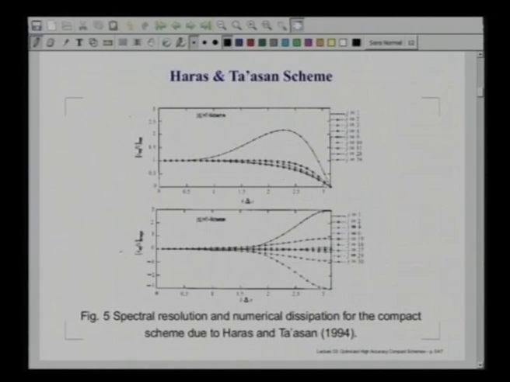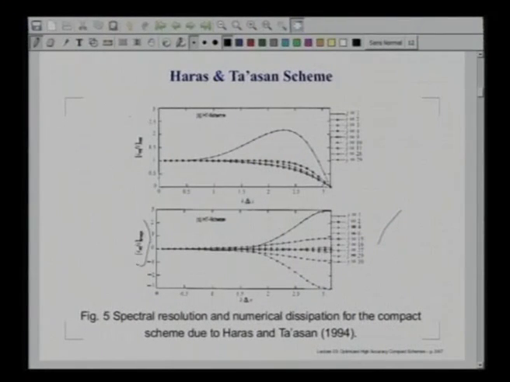However, when you look at the imaginary part here, this is where we have a serious problem. What we really want is to introduce this imaginary part so that it works like a diffusion, dissipation.